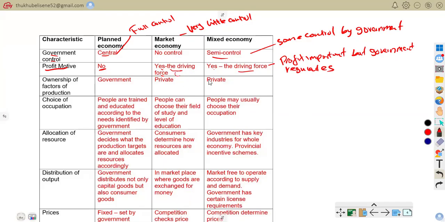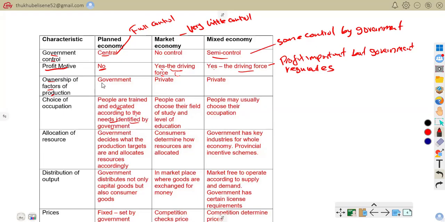So now let us come to the ownership of factors of production. As you can see, under planned economy, we are saying government owns land, factories, and so on. Sorry, I read the wrong characteristics.